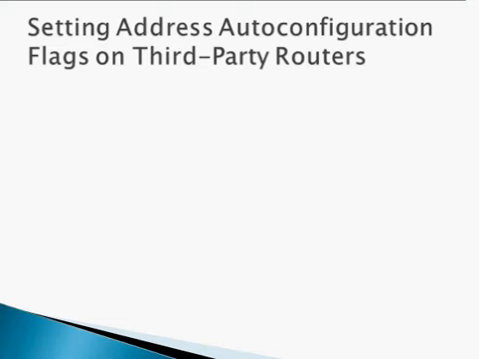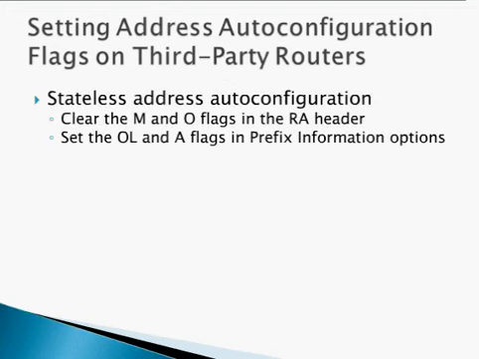And what you need to be able to do is understand what flag you need to set on those third-party routers. Here we have just stateless address auto-configuration, which means no DHCPv6. We need to configure those routers, on an individual interface and subnet basis, to clear both the M and the O flags in the RA header. And this is probably the default. So don't tell the host to do anything with DHCPv6.